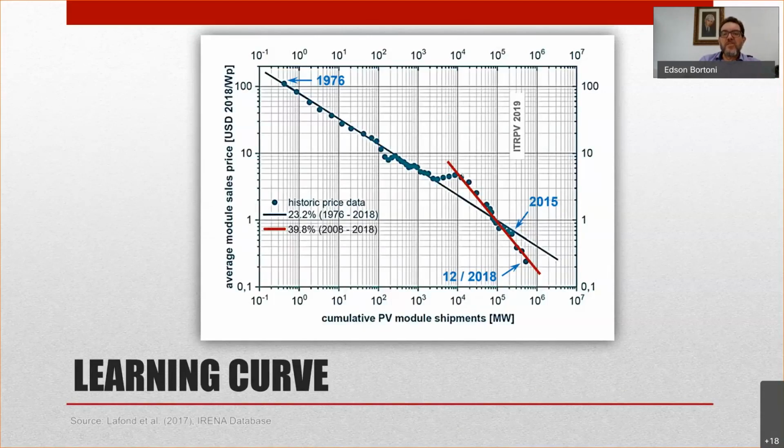But it seems there is another trend here, reducing much more, to less than about $0.2 per watt, $2,000 per kilowatt.